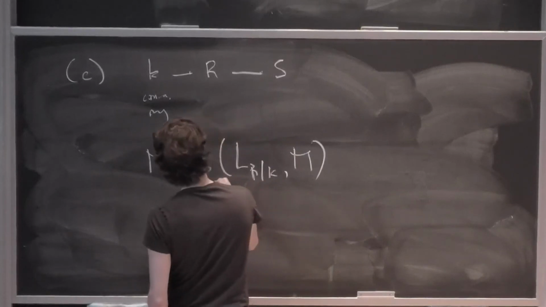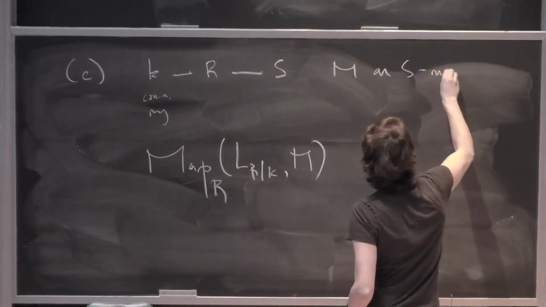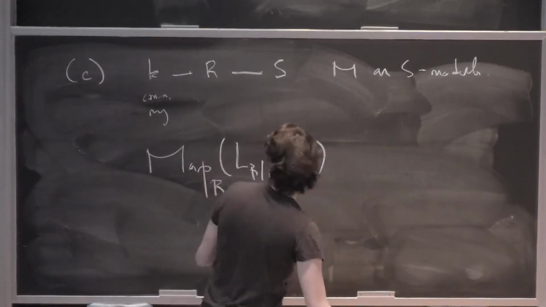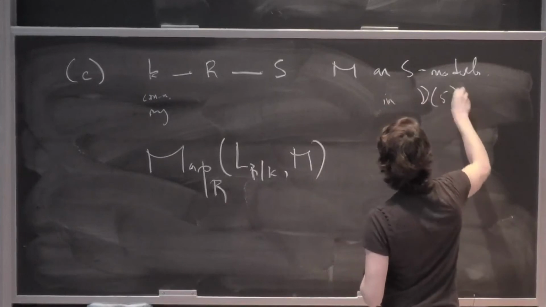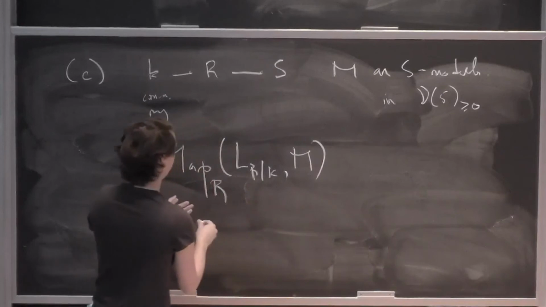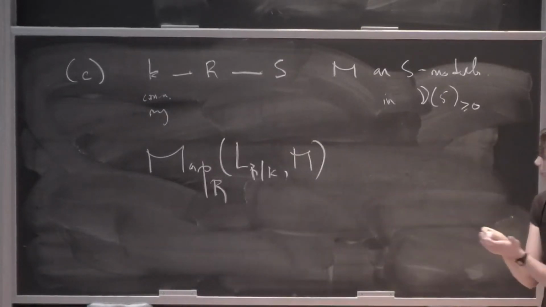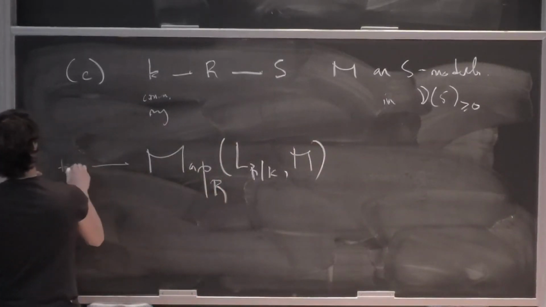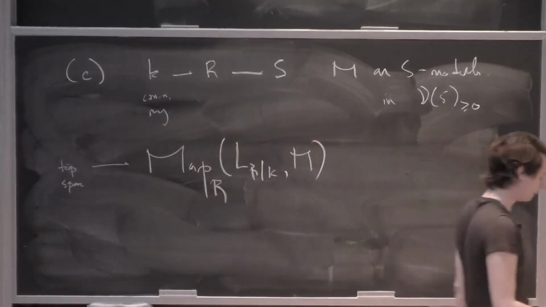So an S module M. Okay, so once again, I'm using the fact that these are both S modules in the derived category of S, more than or equal to 0. So these are connective. Once again, I'm going to use the fact that there's a natural sort of enrichment in topological spaces. So when I write map, I mean that this is a topological space. Okay, so it has homotopy groups, pi 0, pi 1, and so forth.